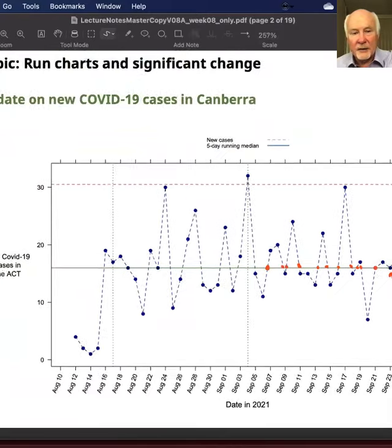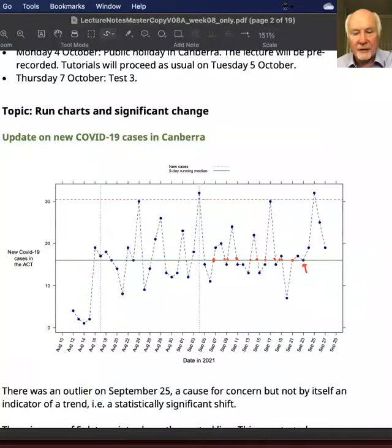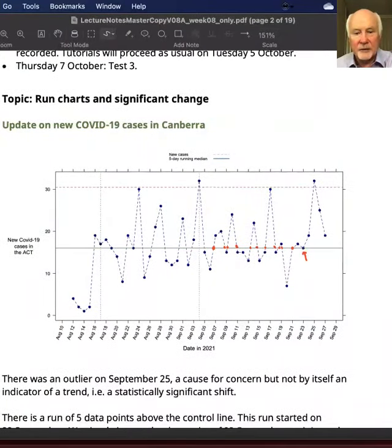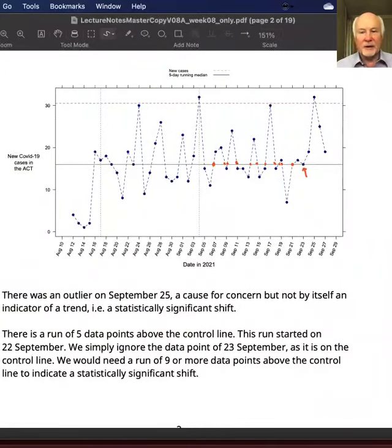Now, the beauty of this technique is, of course, that it doesn't require you to do any calculations, and it doesn't really require a great deal of explanation.